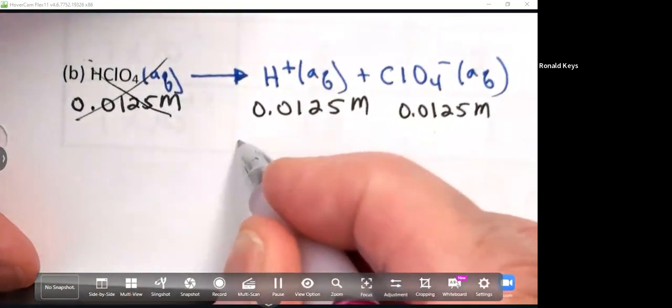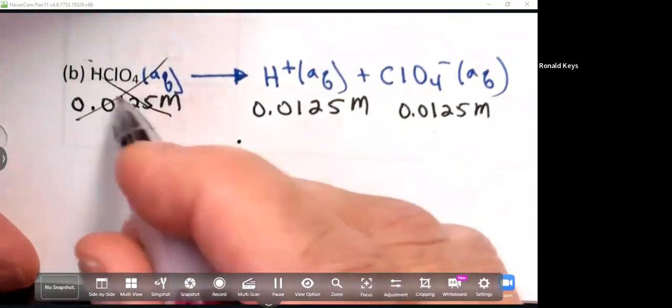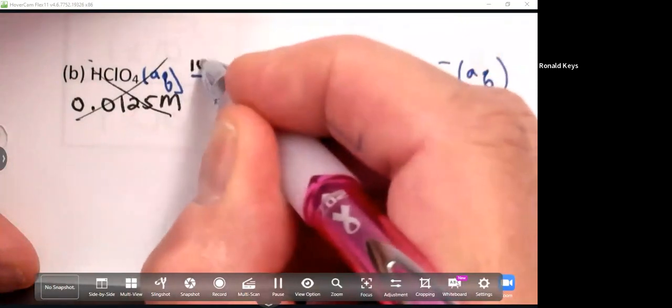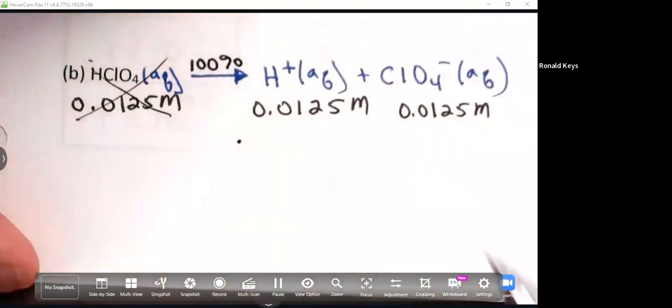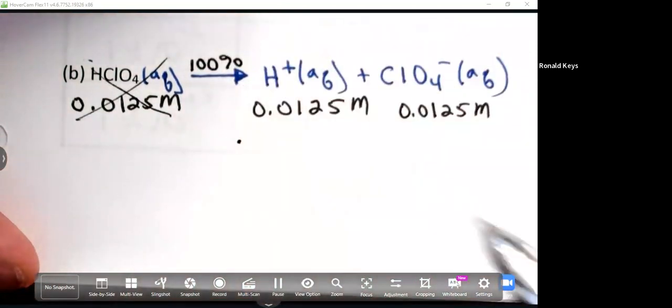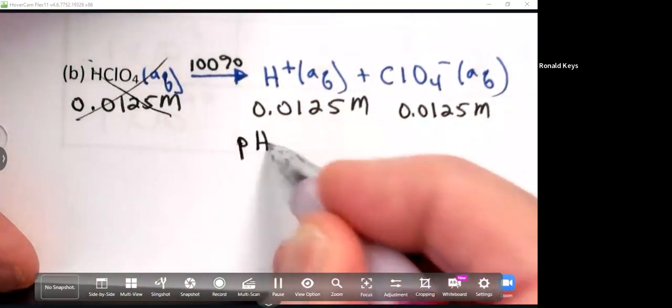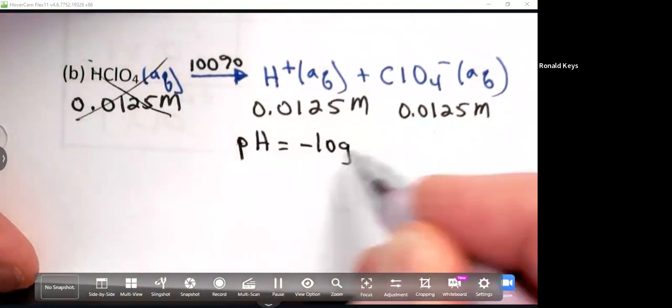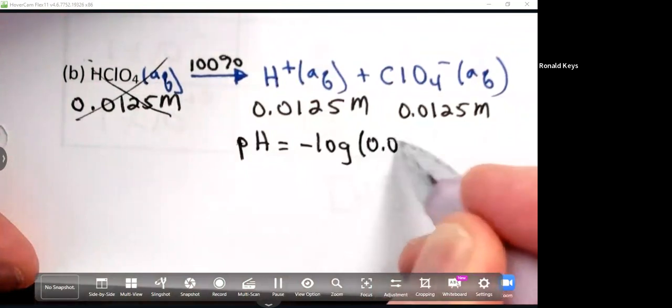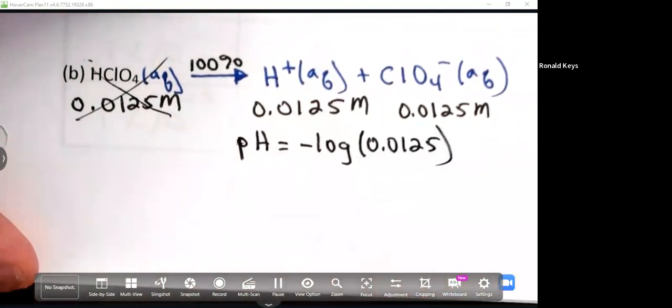So then, since this is a strong acid, 100%, it's going to be the negative log of 0.0125.